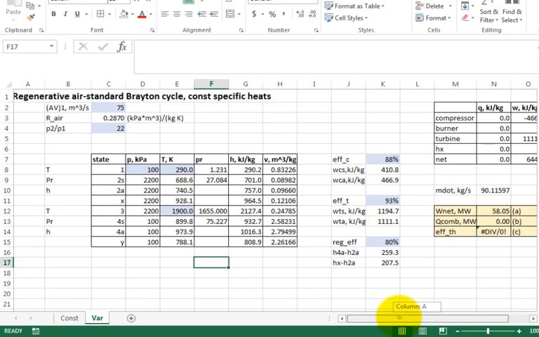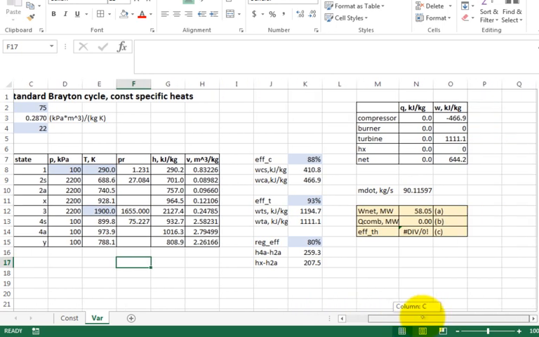So, walking around, let's take a look here. What about the works? That's still correct. That one's still correct. But the burner specific heat is my enthalpy at state 3 minus the enthalpy at X coming into the burner.